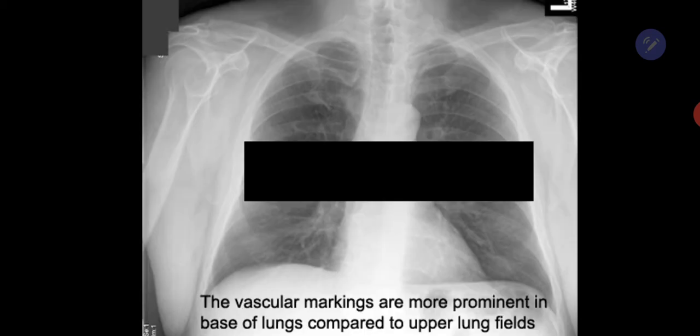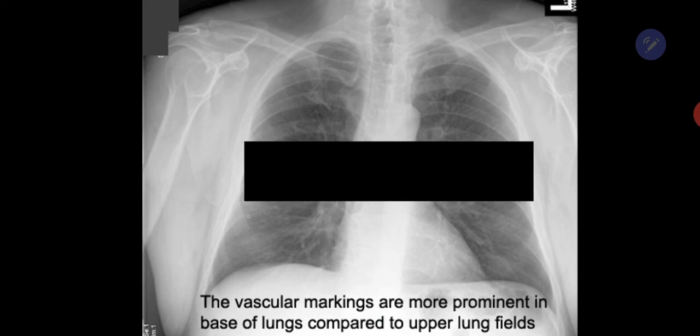So, when you see a chest X-ray, the normal chest X-ray shows vascular markings which are more prominent in the base of the lungs when compared to the upper lung fields.